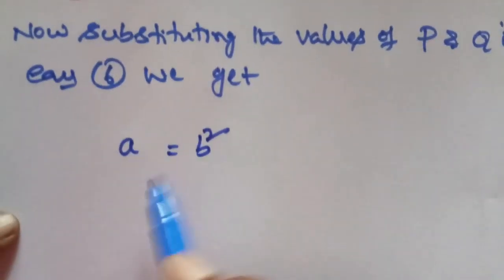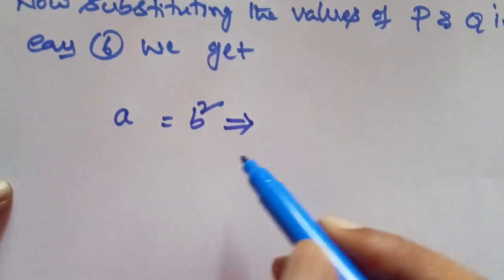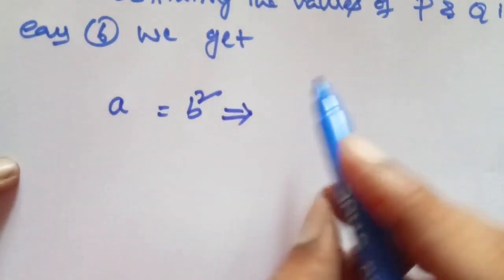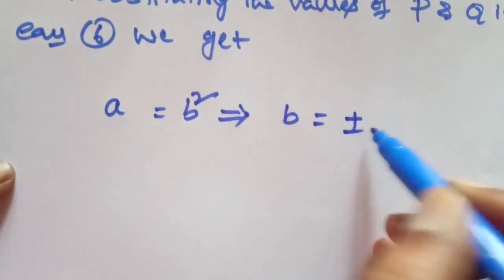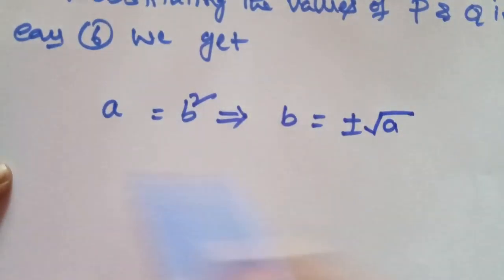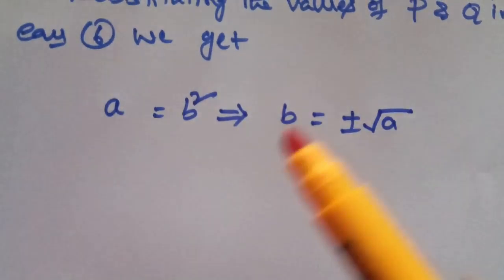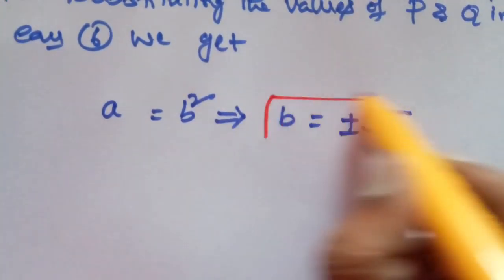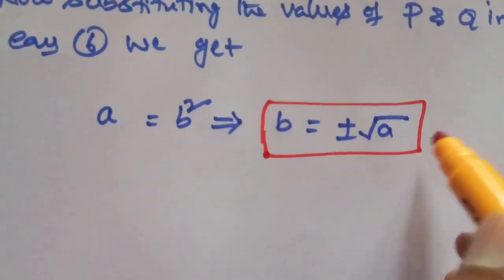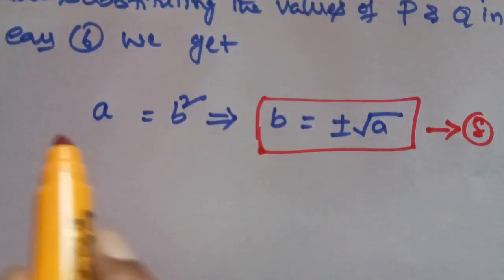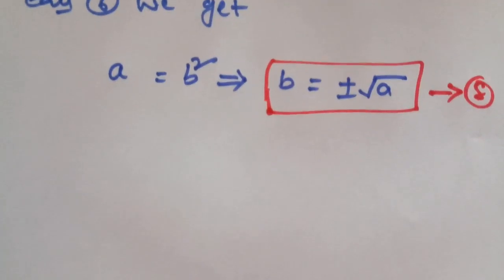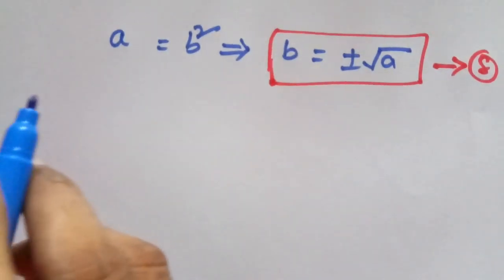This implies B is equal to square root of plus or minus A. Now substituting B in equation number 7. Now substituting 8 in equation 7.